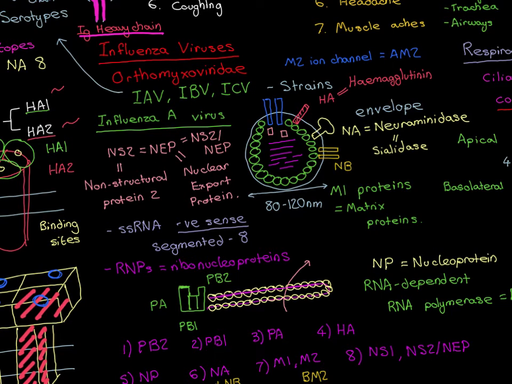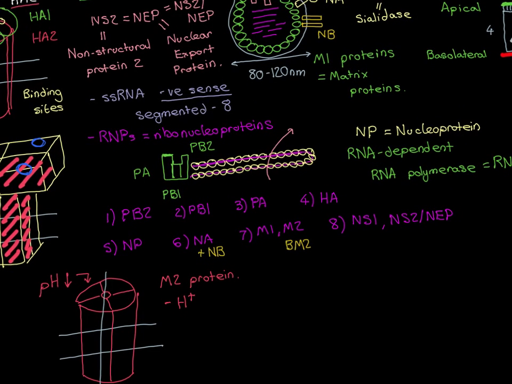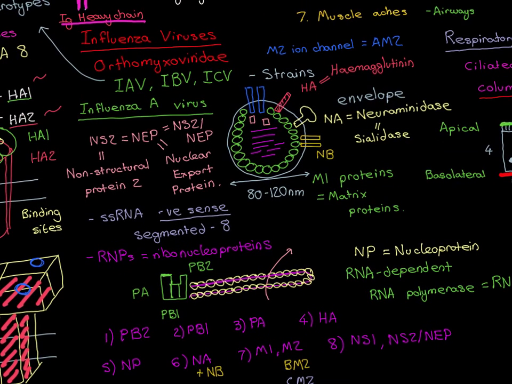You still have the non-structural protein too, that's still going to be there. You still have the M1 proteins, you still have the M2 ion channel, although that's now called CM2, so I'll just put this down here. So we're going to have CM2 for influenza C virus, and it's going to be on a different genome segment as well, but I'll come on to that in a moment.